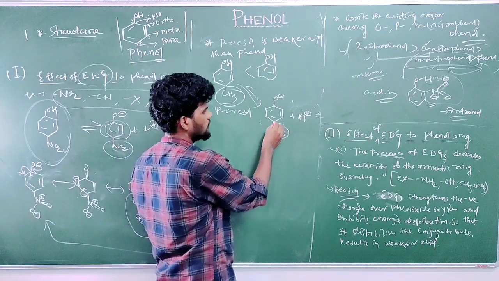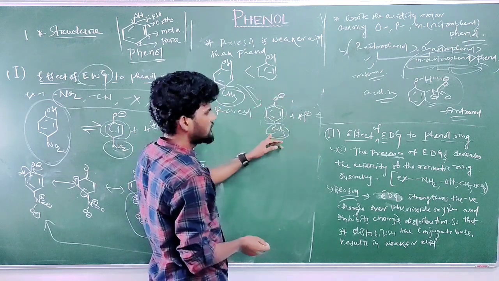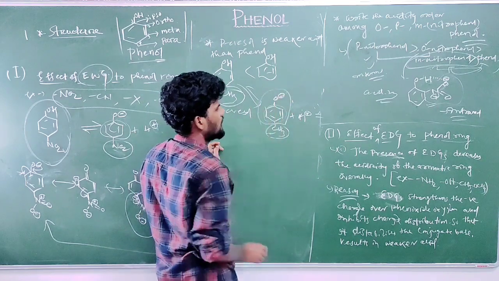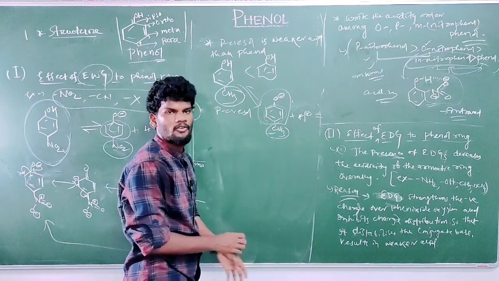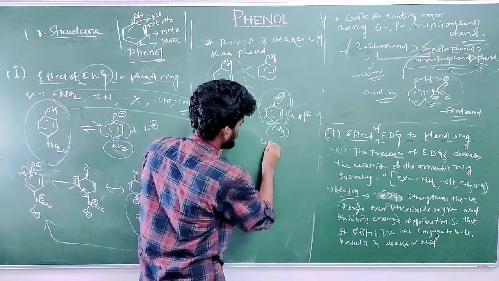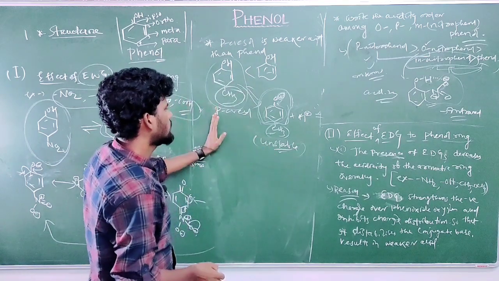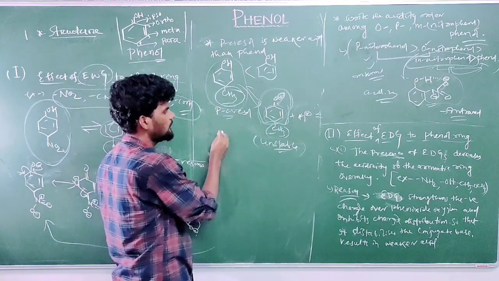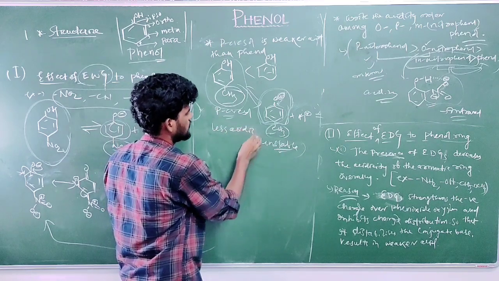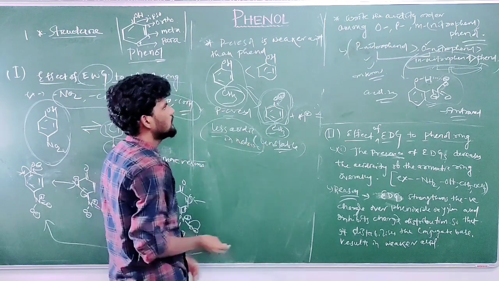It donates its electron through the aromatic ring to the oxygen, and it strengthens the negative charge over the phenoxide ion, and inhibits the process of delocalization or resonance, so that the conjugate base becomes unstable. As the conjugate base is unstable, the corresponding acid, paracresol, is less acidic in nature than phenol.